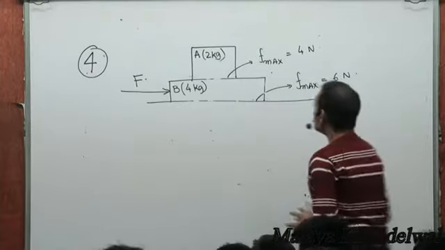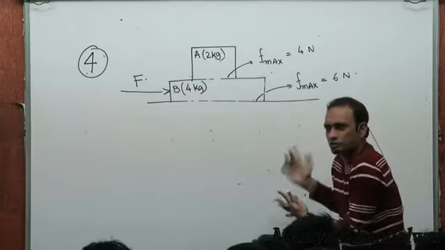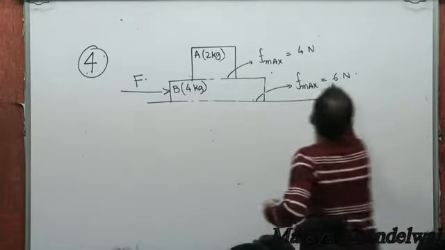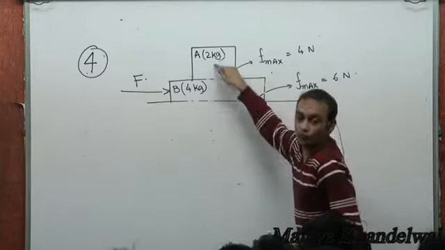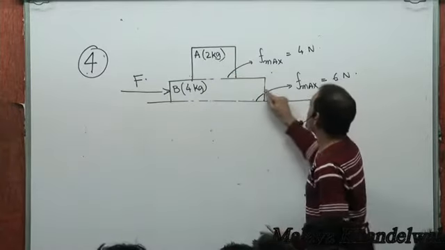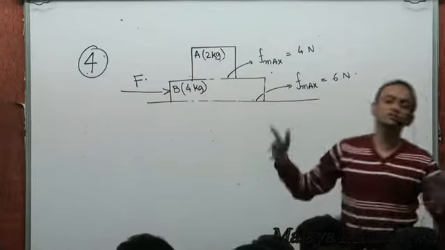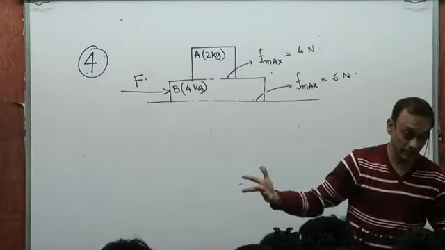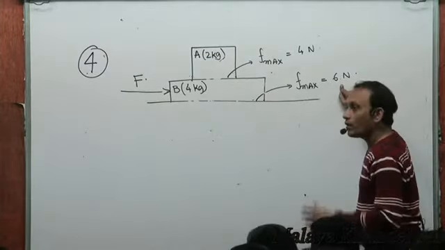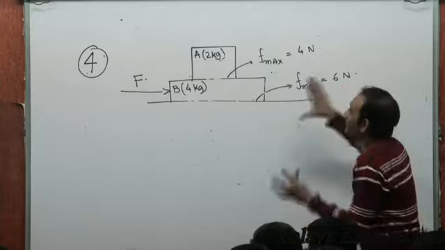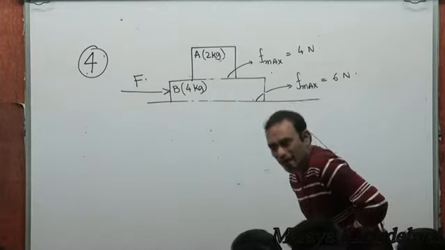When capital F becomes, say, 6.001 newtons, then A and B move together with a common acceleration of (6.001 minus 6) divided by 6 meters per second squared. When the difference between F and 6 is small, A and B will move with a small common acceleration.